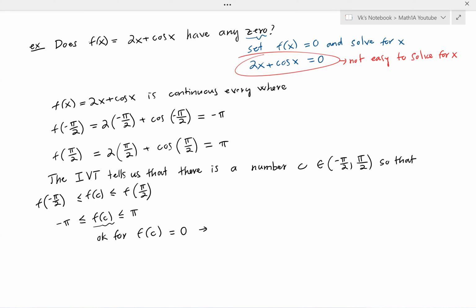And this tells us that c is a 0. We don't know what it is, but we know this one from the intermediate value theorem.